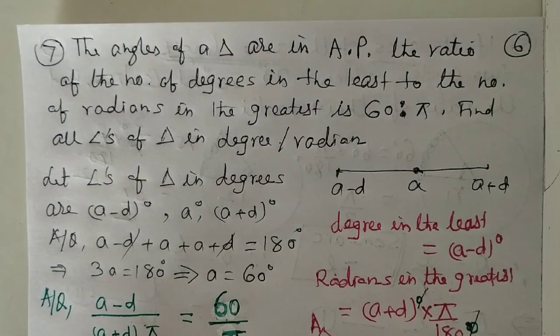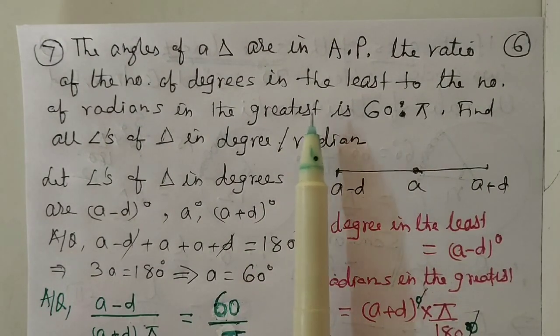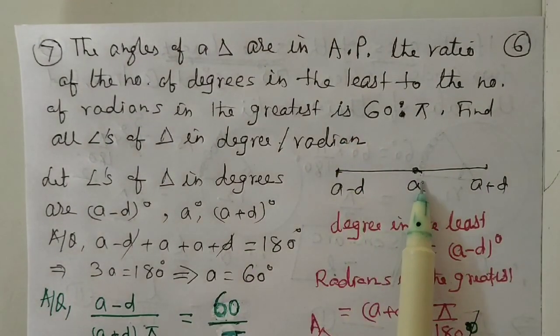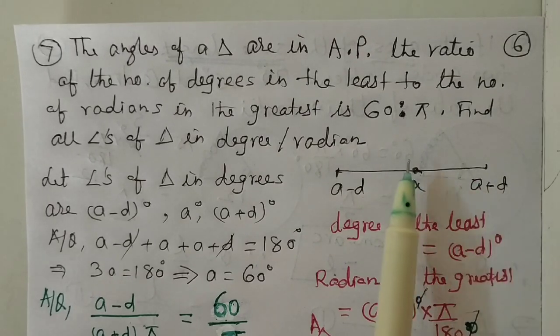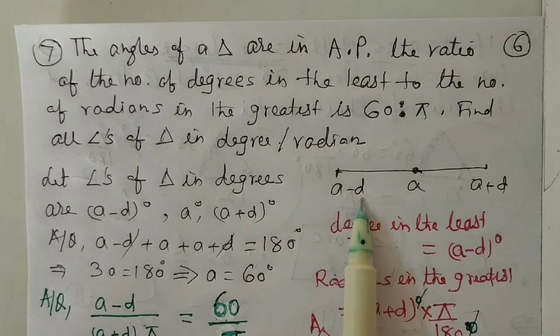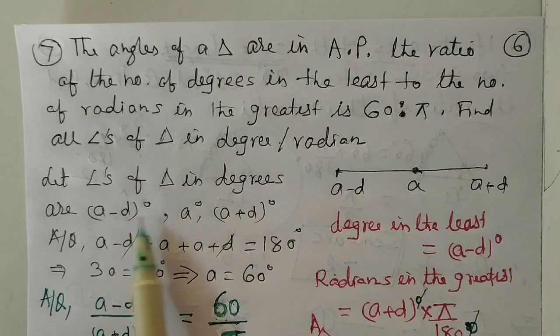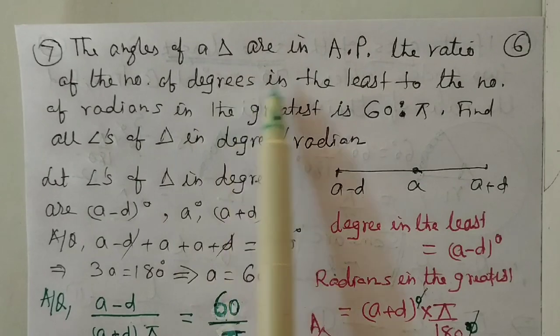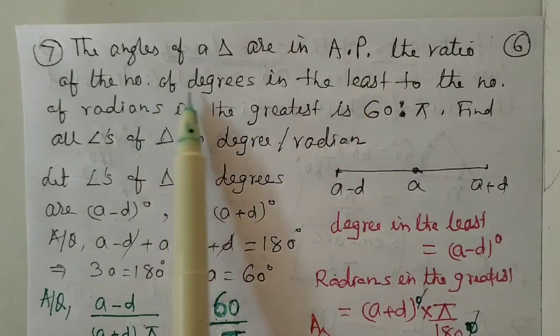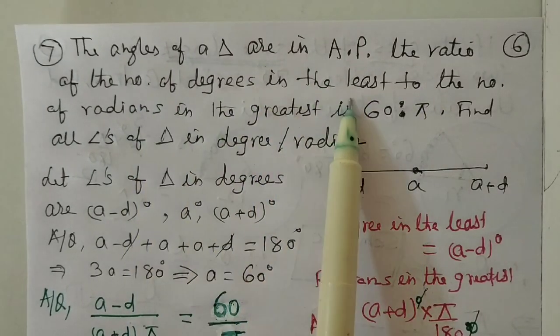Now this is question number 7. The angles of a triangle are in AP. AP you know: if the first term of AP is A, then if you move ahead, A plus D, and if you move backward, A minus D. So let the three angles be A minus D, A and A plus D. You know this from class 10. The ratio of the number of degrees in the least angle and the number of radians in the greatest angle.